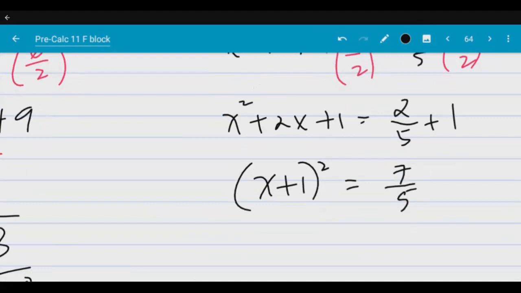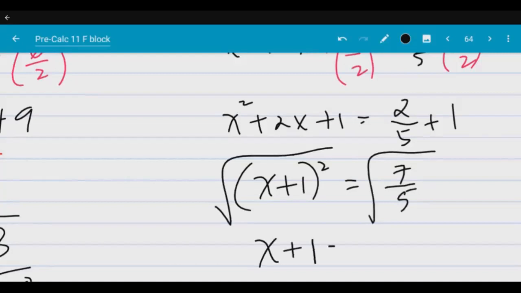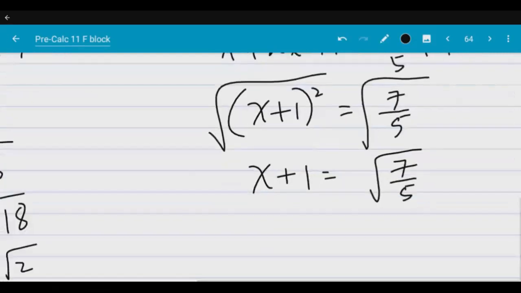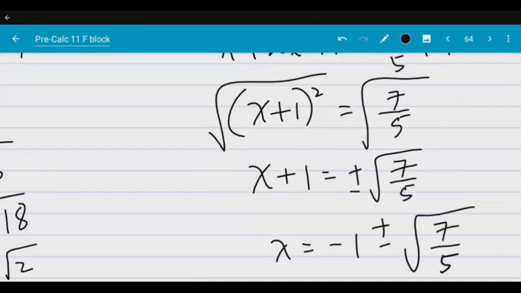And the square root of a mixed number will just ask you to do an improper fraction again. So getting the square root of both sides, we have x plus 1 equals plus or minus the root of 7 over 5. Finishing it up, x is equal to negative 1 plus or minus the root of 7 over 5. And there's your answer. Okay.